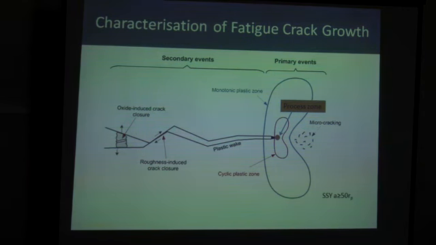So I think we have quite a bit of a problem there. The other problem is that whatever happens behind the crack tip, the secondary events, impacts the crack tip front strain and stress fields, which are unclear to us. So our work is in this direction, trying to answer some of these questions.